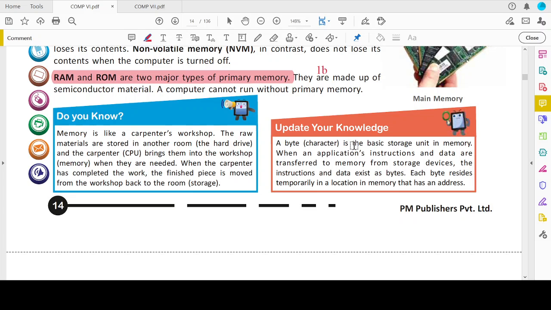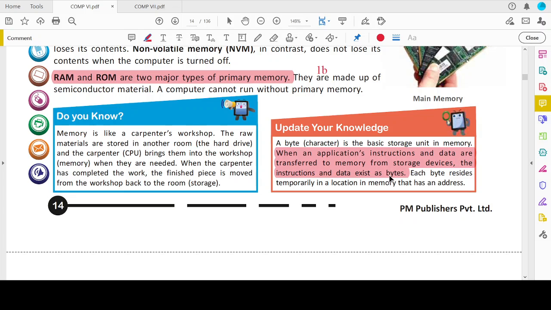A byte or character is the basic storage unit in the memory. When an application's instructions and data are transferred to memory from storage devices, the instructions and data exist as bytes. So, when the data and instructions are transferred from hard disk to the main memory, they are stored as bytes.